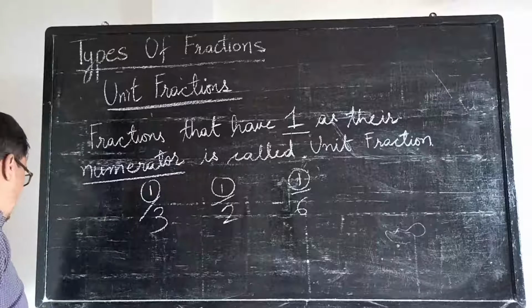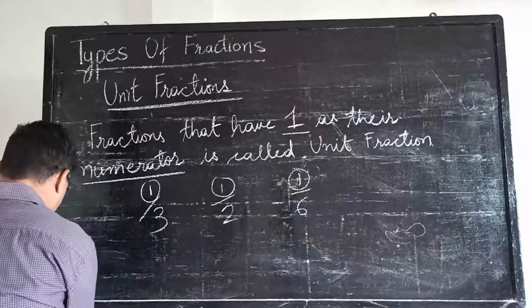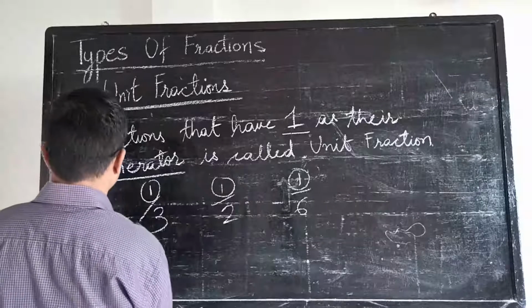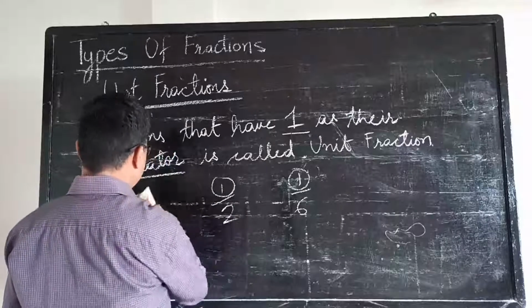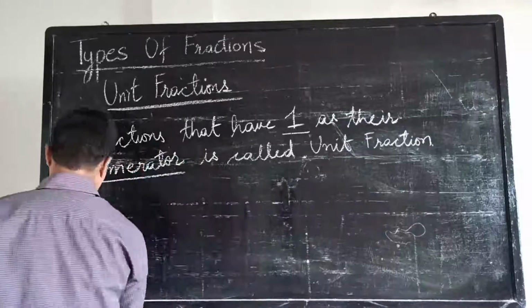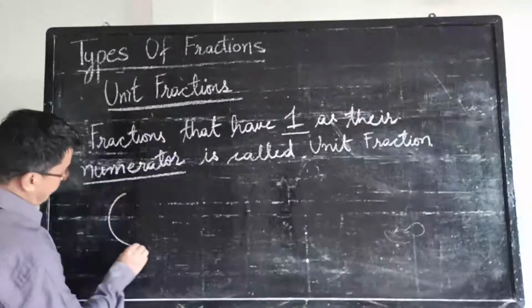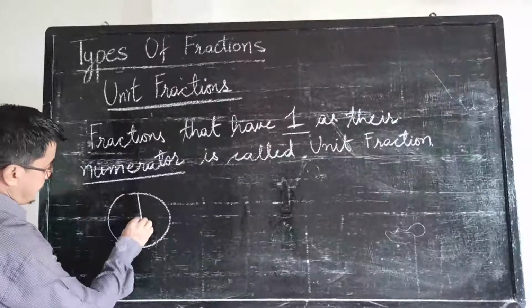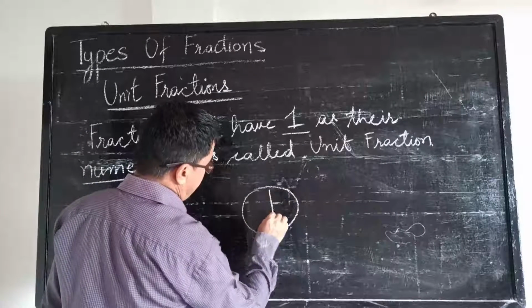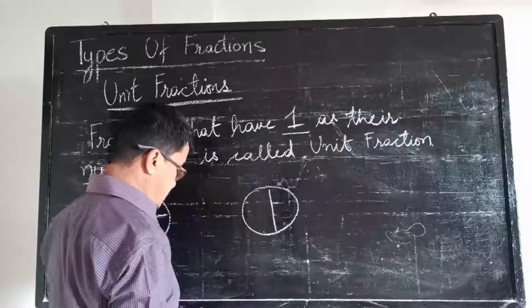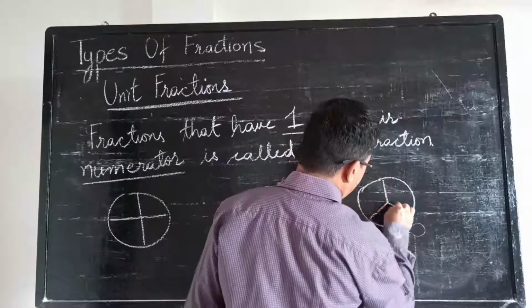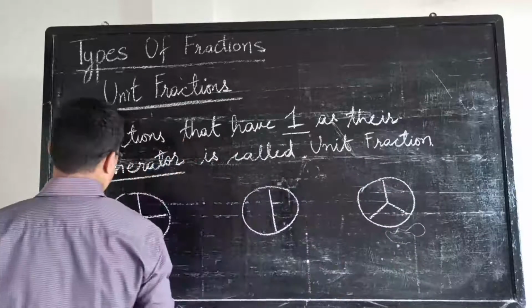We will take another example now. I made a circle here and divided it into 4 parts. Here is another circle, which I divided into 2 parts. On the circle here, I divided into 3 parts. Out of each, I shaded 1 part.